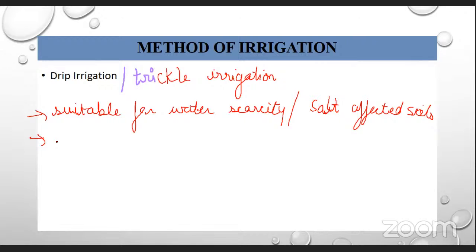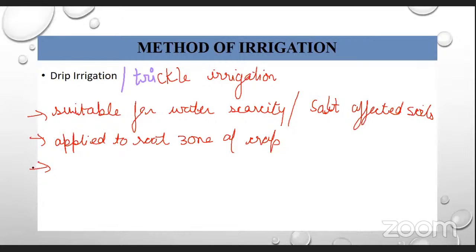Whatever water we are giving, that will be applied to the root zone of the crop. Okay, and also the standard water quality test is needed for design and operation of this irrigation system. As I told you in the previous one, in sprinkler irrigation poor quality water cannot be used, because of the sensitivity of the crop to saline water or clogging of nozzles.